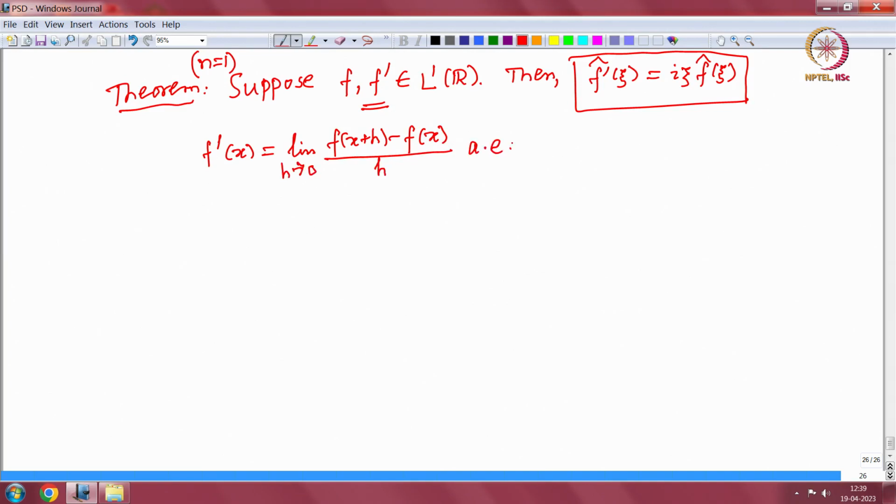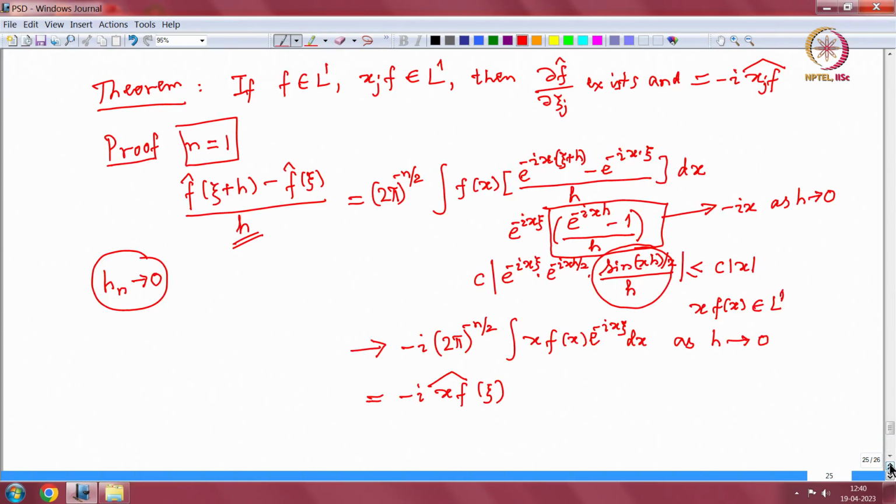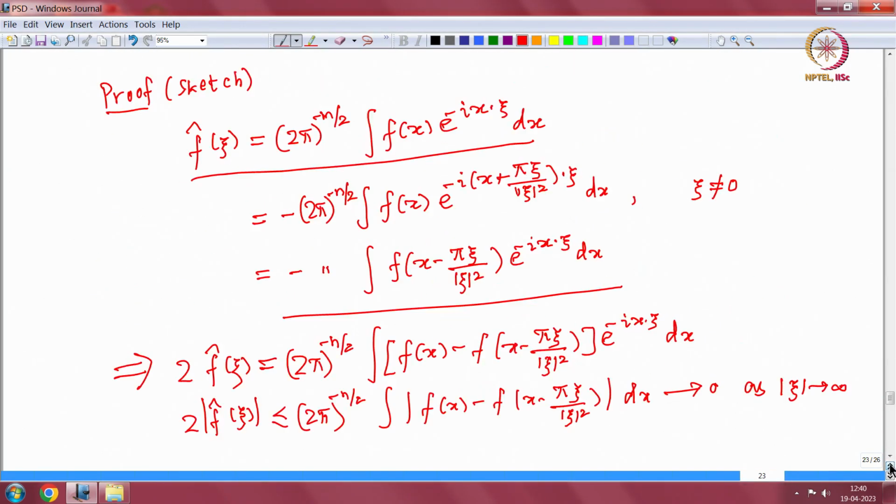Essentially, if you look at the definition of the Fourier transform, it is here. If I want to replace f by f prime, I essentially want to integrate by parts, and that is over the whole domain.